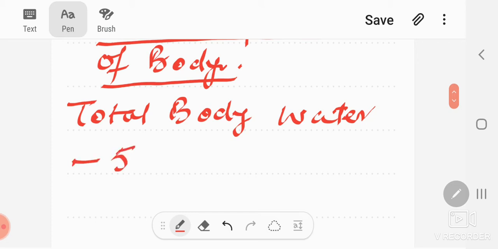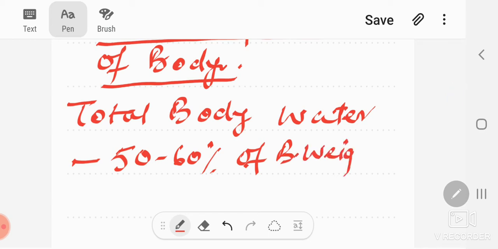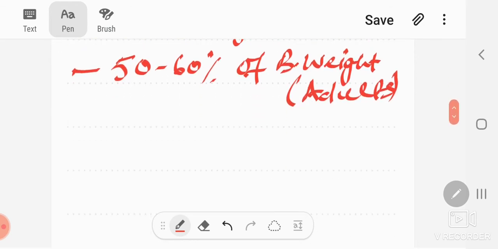It's about 50 to 60% of body weight in adults. In children, it's about 75%.